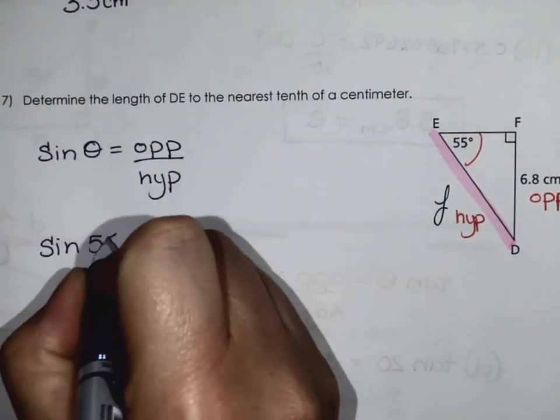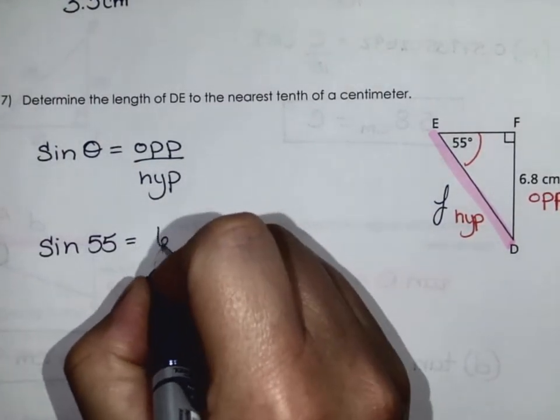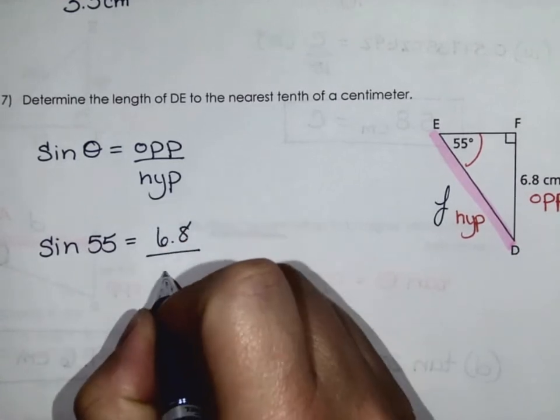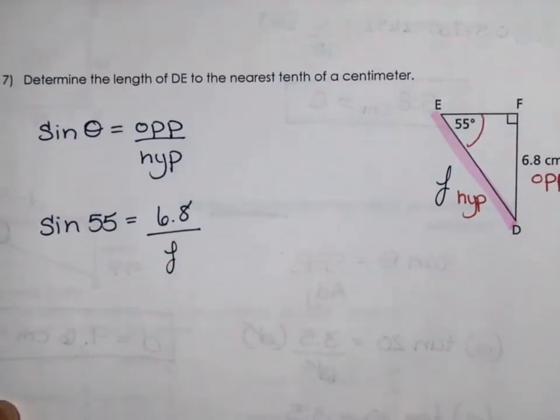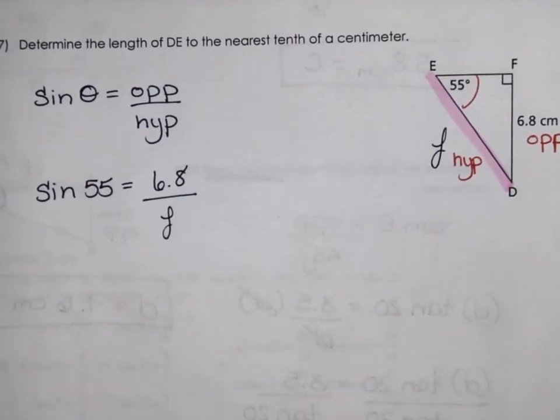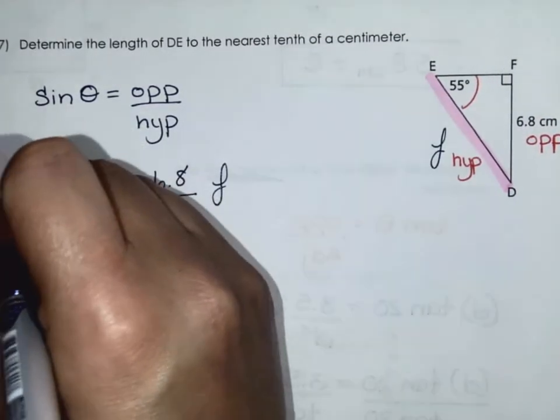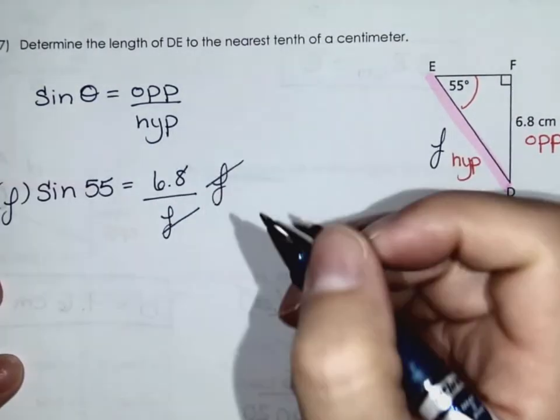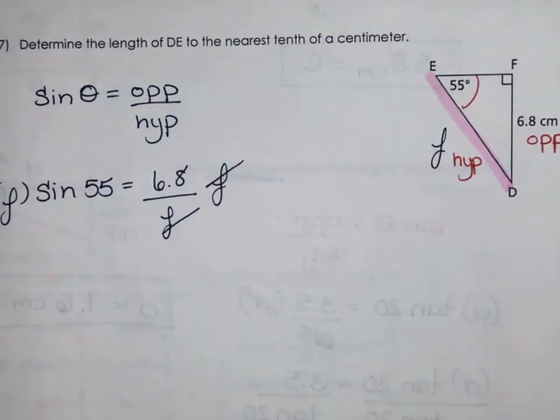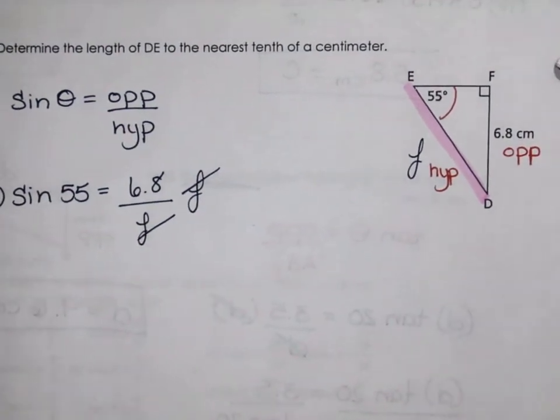So sine of 55 equals 6.8 over side F. Now that variable's on the bottom, so this question ends up being a divide. I'm going to multiply both sides by F. Why is it sine? Because it's opposite and hypotenuse.